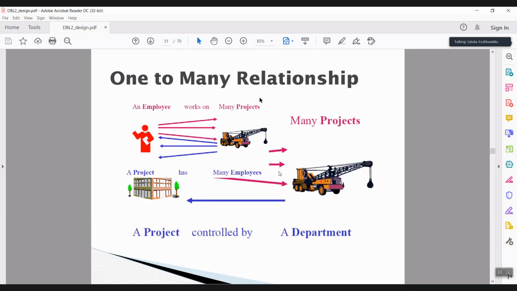The same employee can work on many projects, but a particular project is associated with one employee. That is one-to-many. Also, a project is controlled by a department. A department may control multiple projects, but each project is controlled by a particular department.